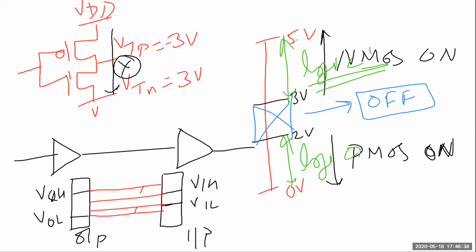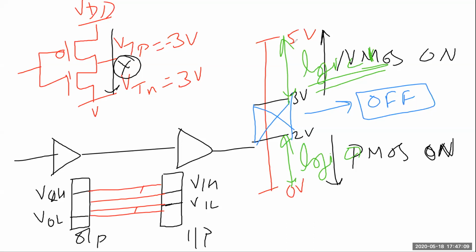So from the input, maybe I'm confused in this particular way, because I'm not sure why in this particular case we will say that from 2 volt to 5 volt there is a logic 1.